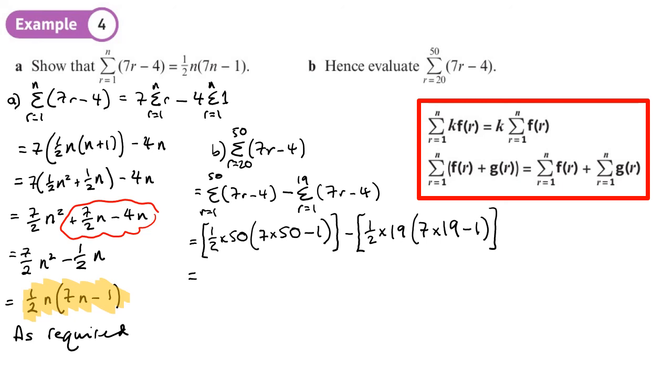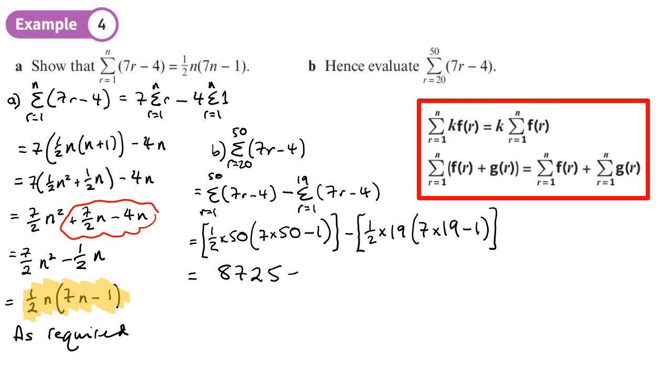Okay, so let's work this out a bit at a time. I'm just going to work out the first bracket. So I've got half times 50 times 7 times 50 minus 1. So that's 8725, the first bracket.